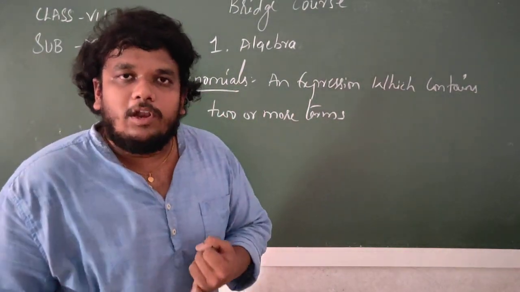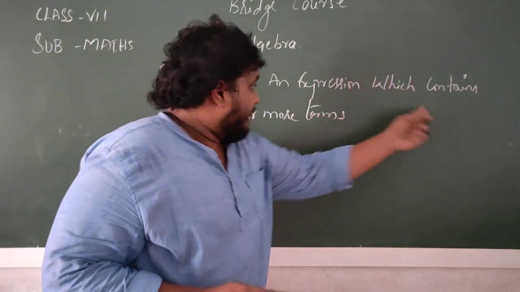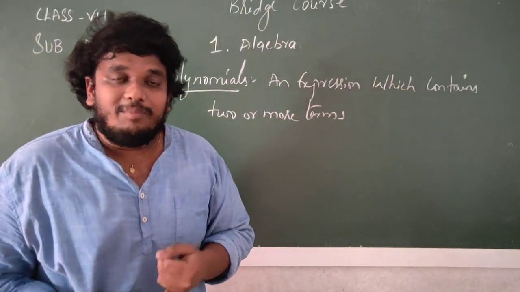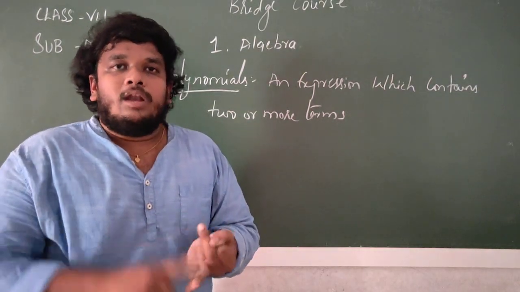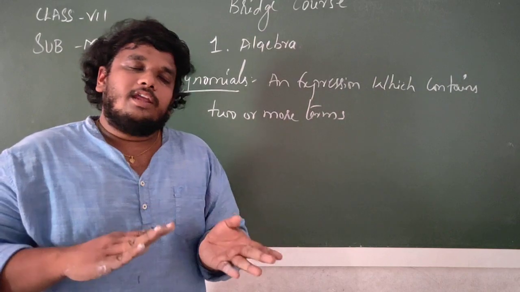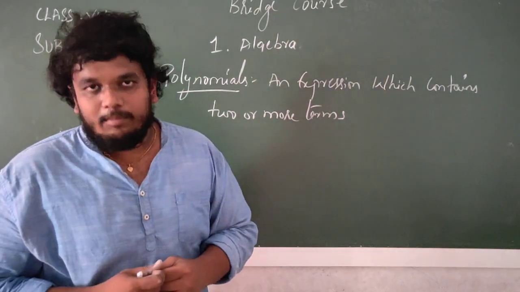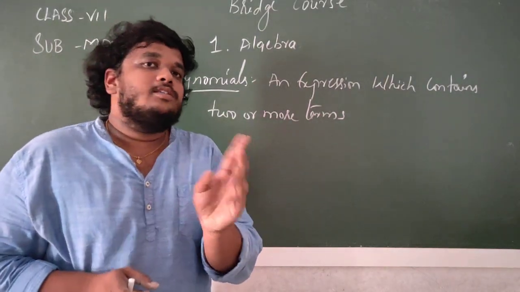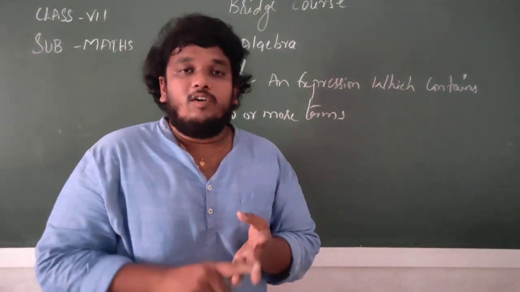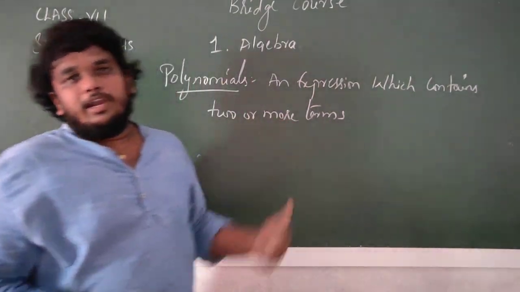An expression which contains two or more terms is known as a polynomial. It means binomial, trinomial, quadrinomial can be polynomials. A monomial is not a polynomial, but binomial, trinomial, and quadrinomial can be a polynomial.